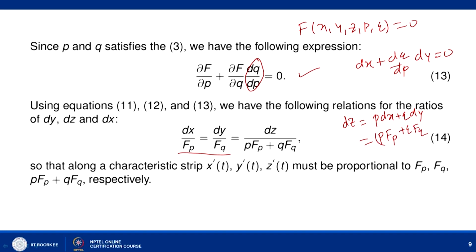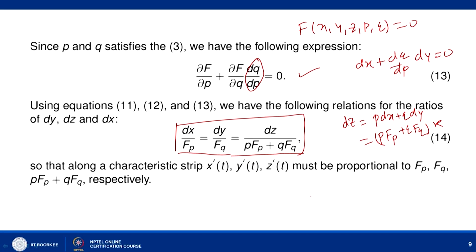So we have the following relation for the ratios of dx, dy, dz: dx by fp equal to dy by fq equal to dz by p fp plus q fq. When you solve this, that gives you the equation of Monge's cone, that is, the equation of the elementary cone.